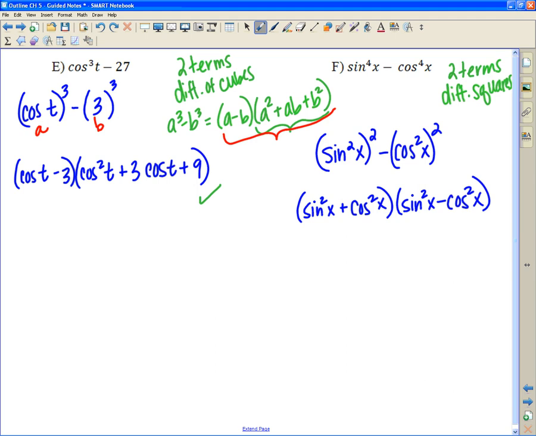Hopefully you've found it already. Put your pencil on one of those two sets that is an identity. Hopefully you put your pencil on this right here. This is a Pythagorean identity. The other one is not. Sine squared plus cosine squared is 1, times sine squared x minus cosine squared x. I would leave this as is. Good job.